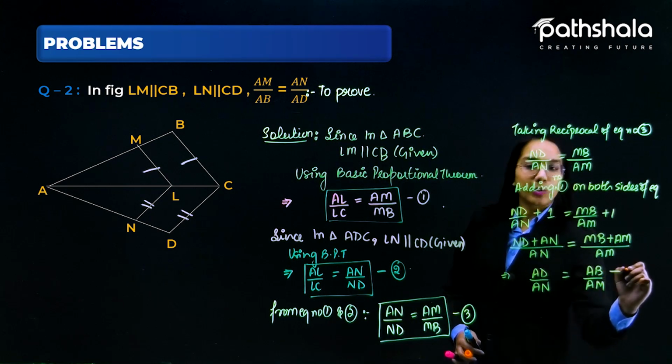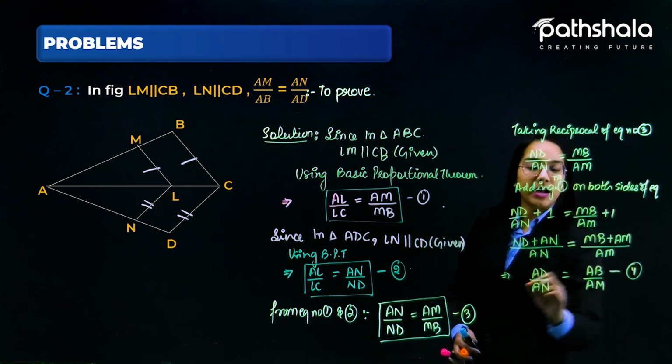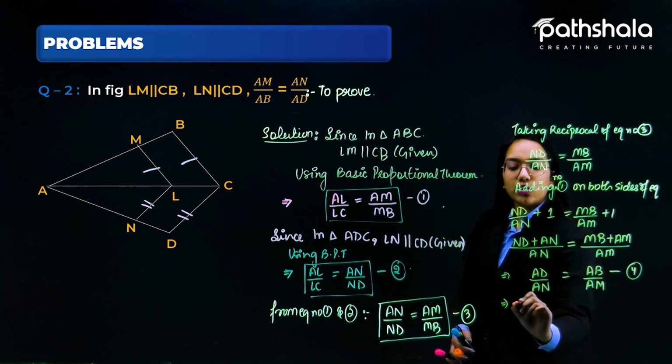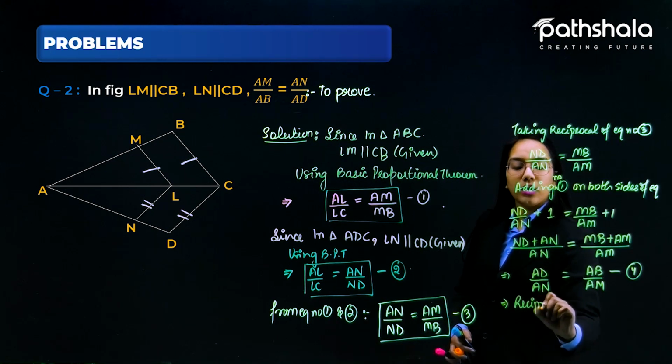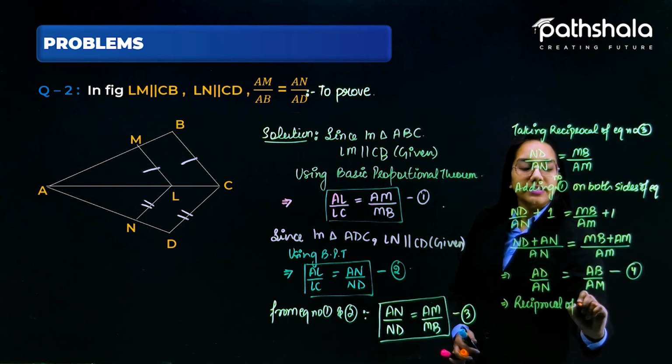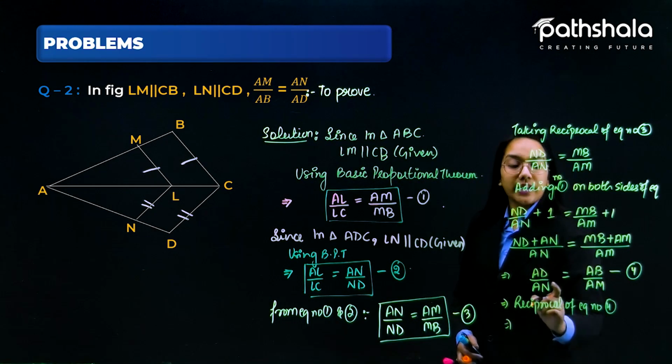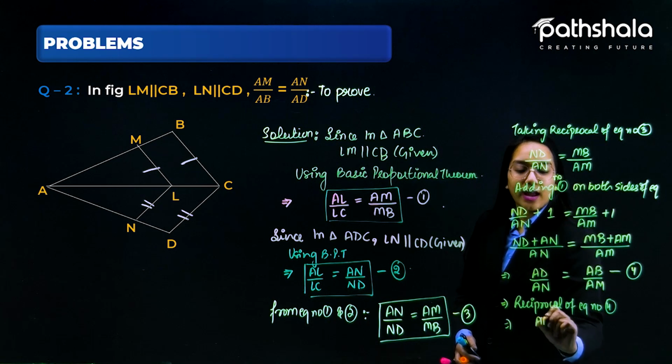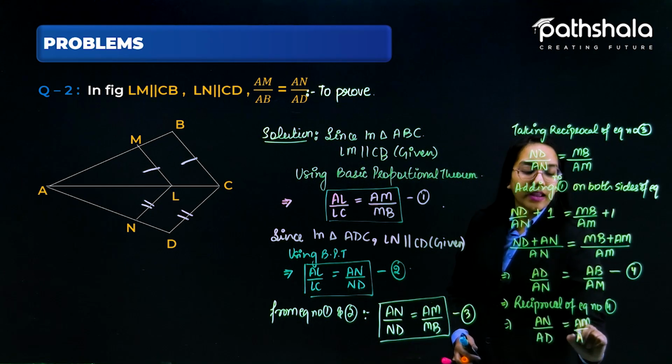Now let us call this equation number 4. I'm again taking the reciprocal of it. The reciprocal of equation number 4 results in AN by AD, which is equal to AM by AB.